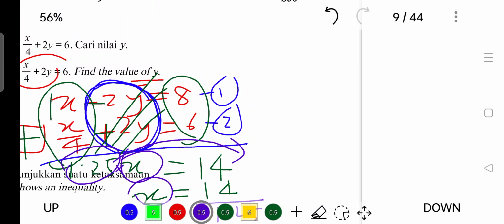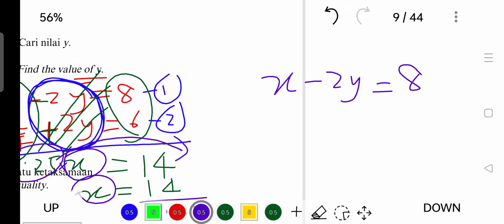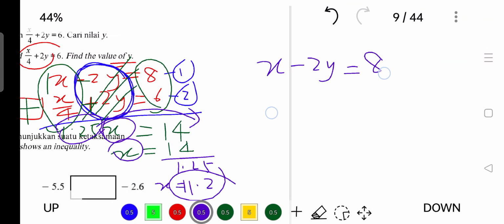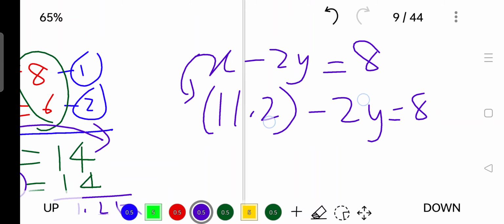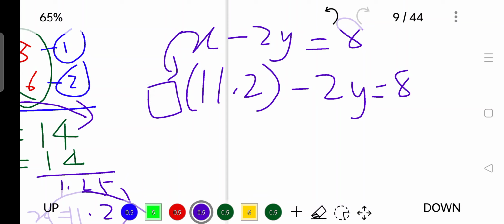We are going to substitute into equation 1 because it is the slimmest equation that I see. So the answer is 11.2. I put it in place of x, and because there is no symbol or numbers at the front, I can simply remove the bracket.